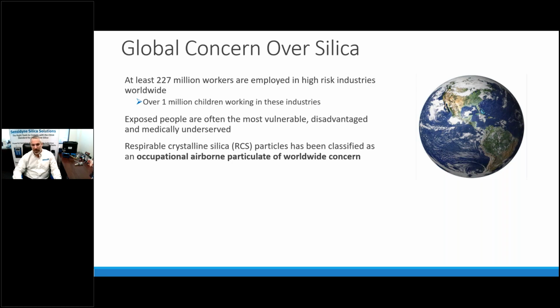Exposed people are often the most vulnerable and disadvantaged, as well as medically underserved, which leads to the most medical conditions and, unfortunately, large health hazards and fatalities. Respirable crystalline silica has been classified as an occupational airborne particulate of worldwide concern as a result of this large worldwide exposure.